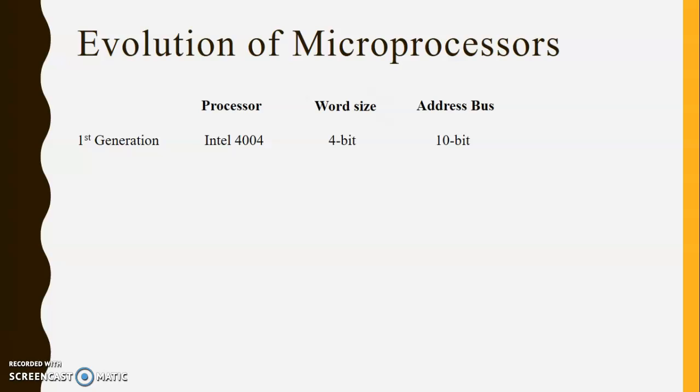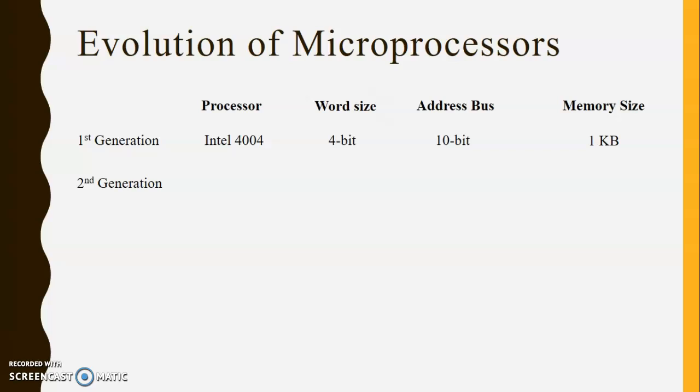Address bus size can tell us about addressable memory by applying the formula 2 raised to address bus size. So here we get addressable memory equals to 2 raised to 10, which is nothing but 1 kilobyte. So the total memory size which is addressable by Intel 4004 is 1 kilobyte.